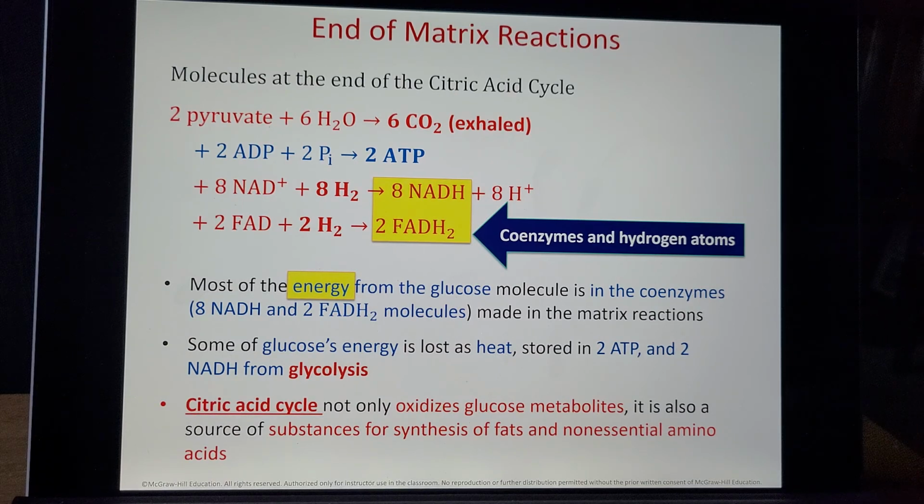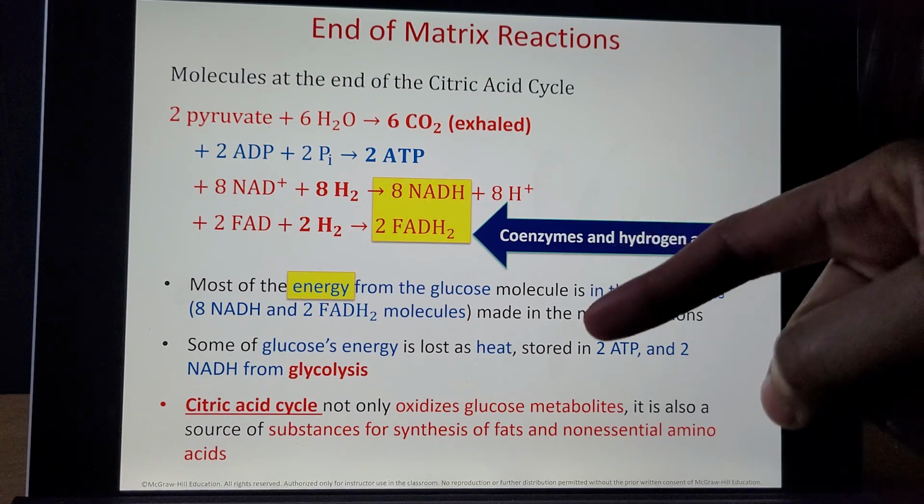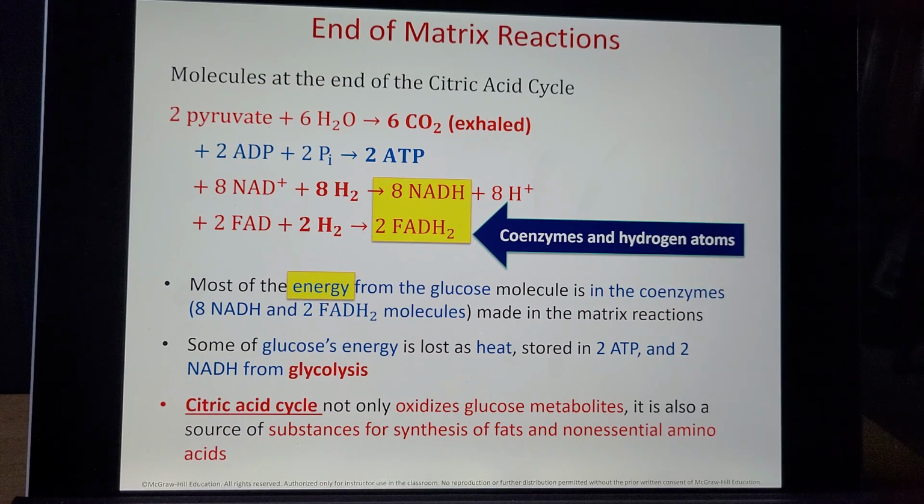We have to deal with them because our energy is still stuck in those coenzymes. Some of the energy is lost as heat. We also are able to make 2 ATP. And in our citric acid cycle, we make what are called metabolites. These can be converted back and forth to other molecules that you may need.